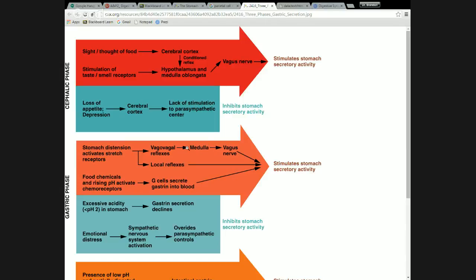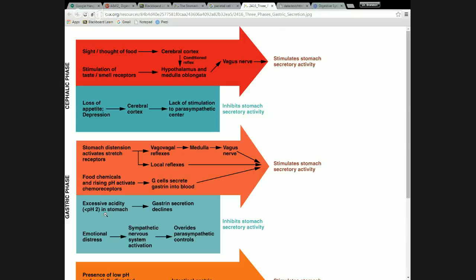But technically, if it's going up to the medulla, that's part of the cephalic phase too. Okay. But local reflexes, within the submucosal or myenteric plexuses, will directly cause changes to the stomach activity. And then chemoreceptors in the stomach, recognizing the increase in macromolecule concentration or pH, will increase stomach activity too.